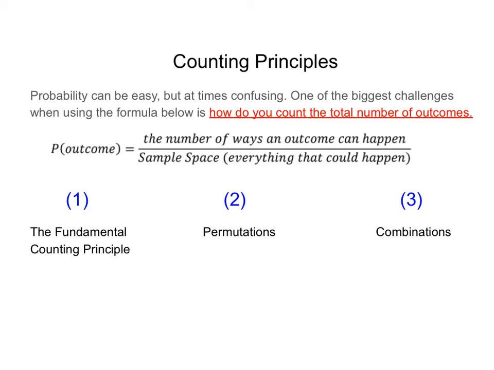One of the biggest challenges when using that formula that we wrote down before is how do you count the total number of outcomes? We're going to talk about this over the next two sections. The one we're going to focus on today is the fundamental counting principle. We will talk about permutations and combinations in section 2.